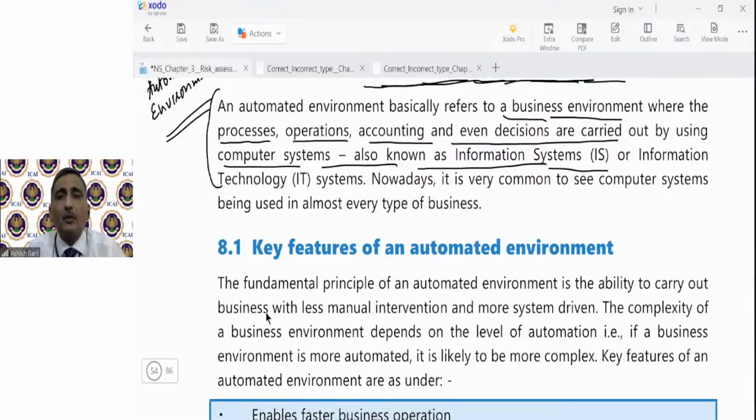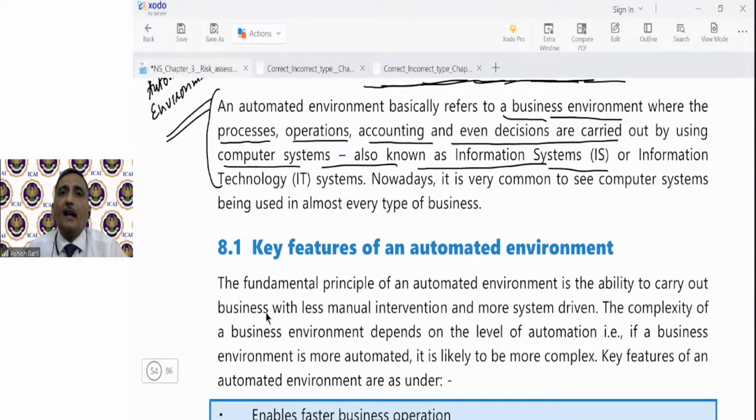Fairly simple, students. The more a business environment is automated, the less human intervention is involved. All the decisions are taken using IT systems based upon predetermined criteria, which are there in the software.